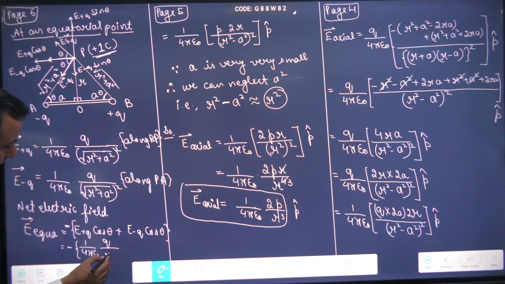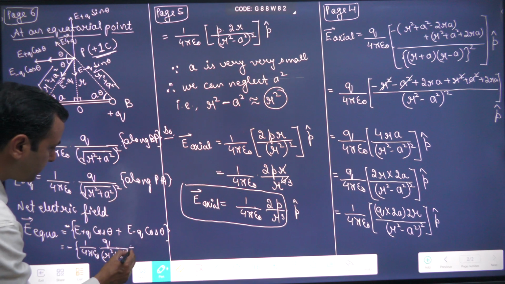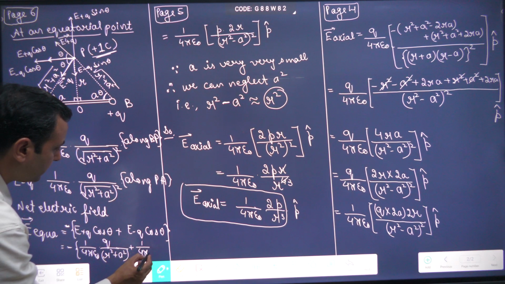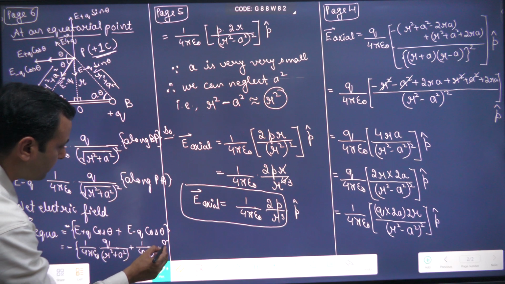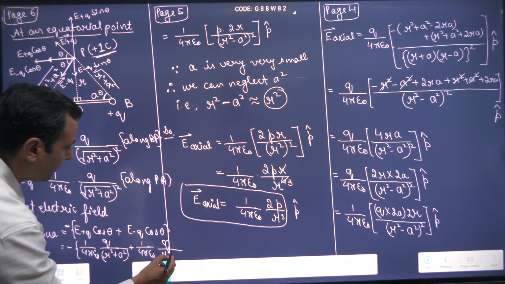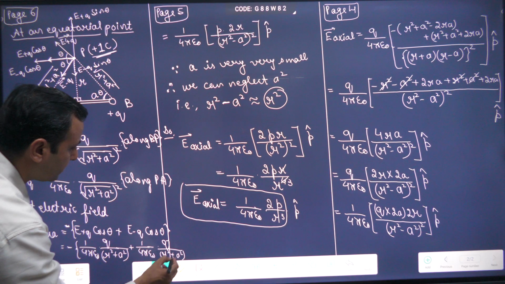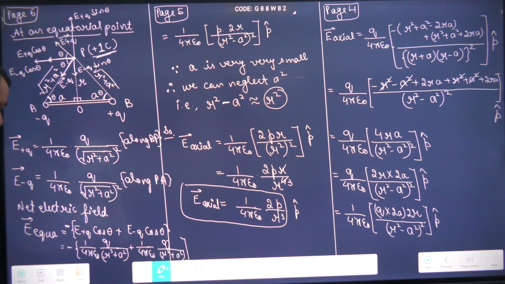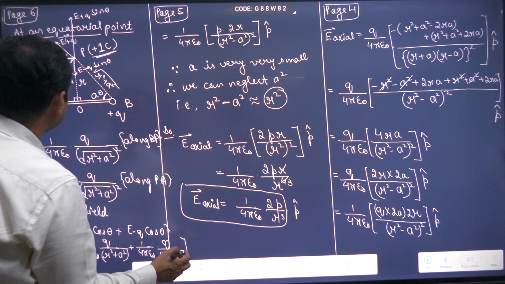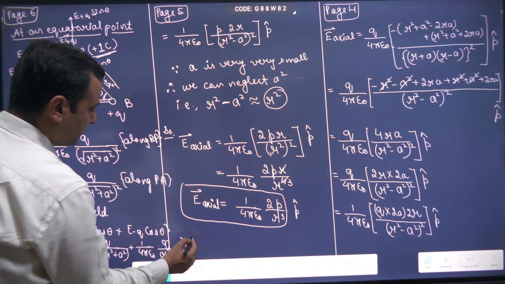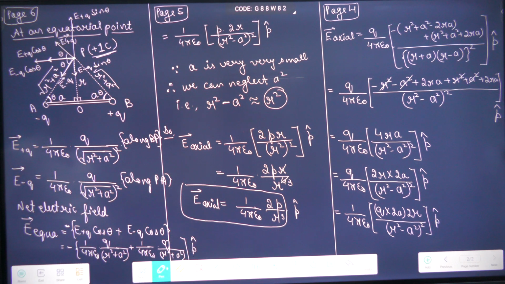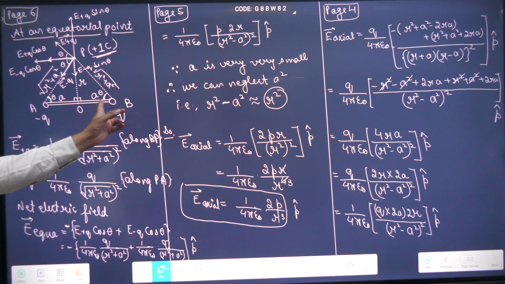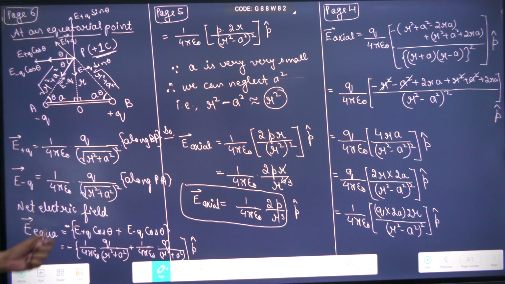This is Q upon r square plus a square, plus 1 upon 4 pi epsilon naught Q upon r square plus a square. And for mentioning the direction we will write p cap, because it is from positive to negative and we have taken the negative sign here, so we will simply write p cap.